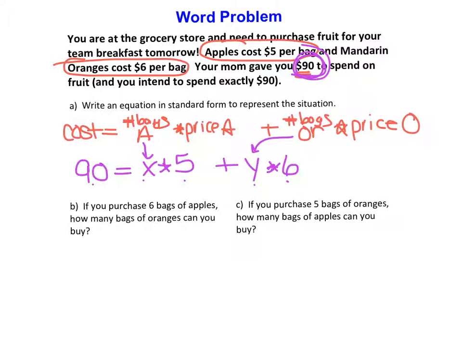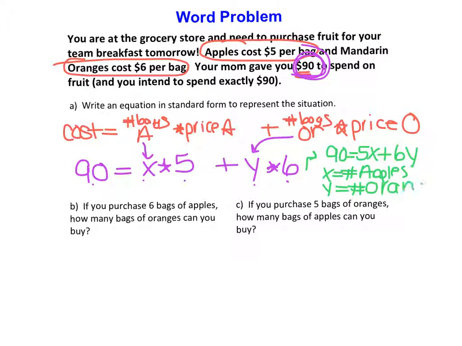Now typically when students write this, they will write the variable second. So our equation would be 90 is equal to 5x plus 6y, with x equaling the number of bags of apples and y equaling the number of bags of oranges.